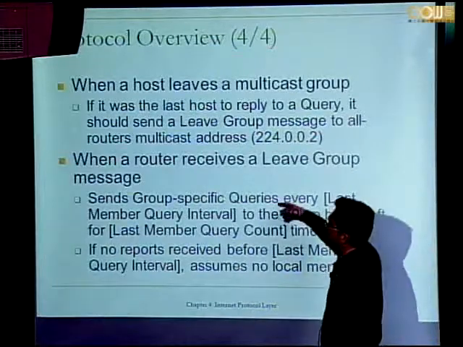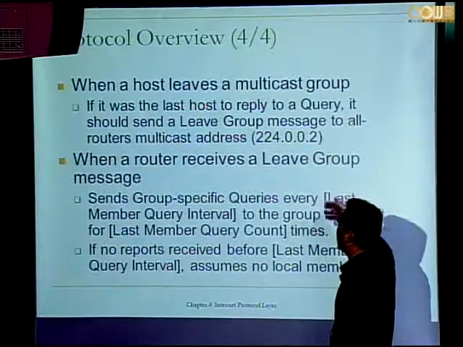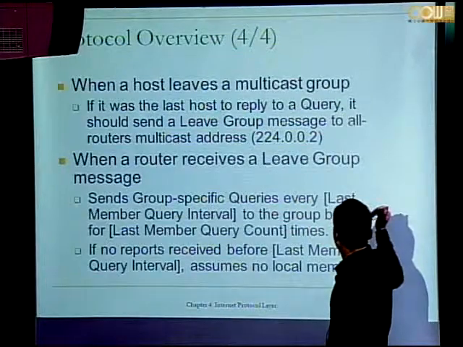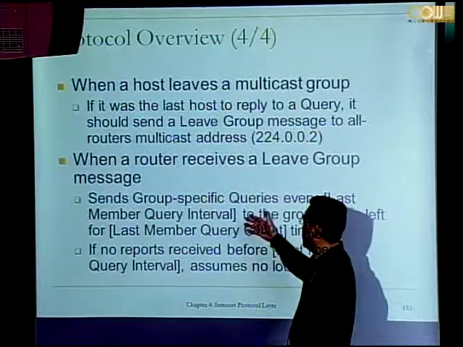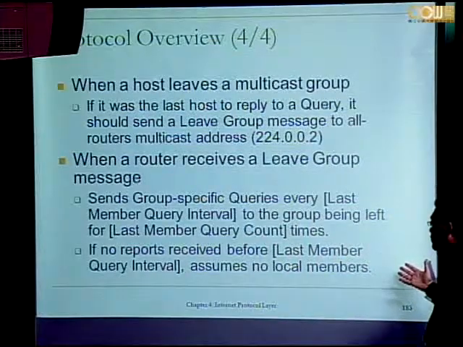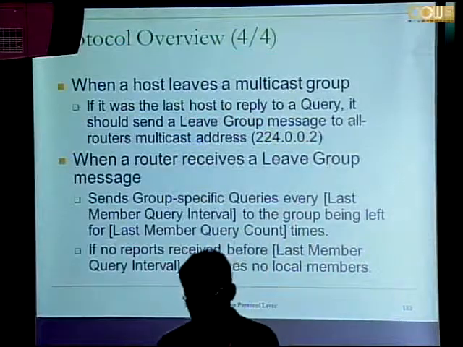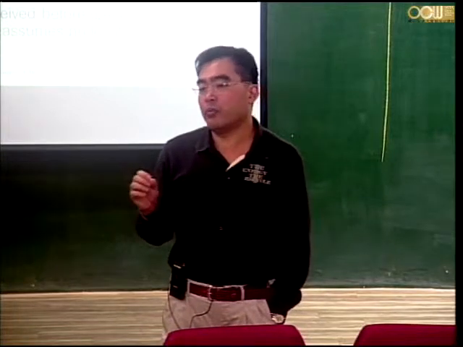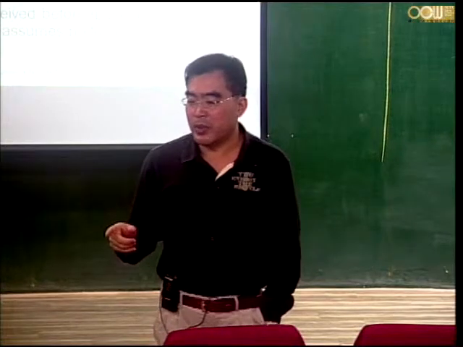So the router would send a group-specific query every certain time. And if no report is received for a certain number of times, then it would remove the membership information. So when a particular host wants to leave the group, and it is the host that sent the join message last time, it would need to send a leave message.